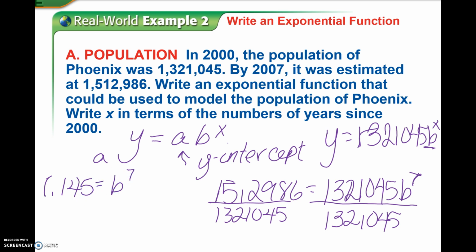And so we know with radicals, to get rid of a radical, we raised it to the power. So to get rid of the 7th power, we're going to just do the opposite and do the 7th root. So the 7th root of 1.145 is 1.02.